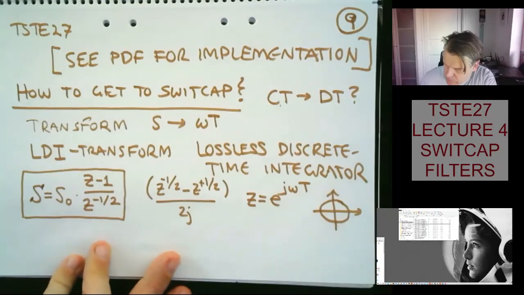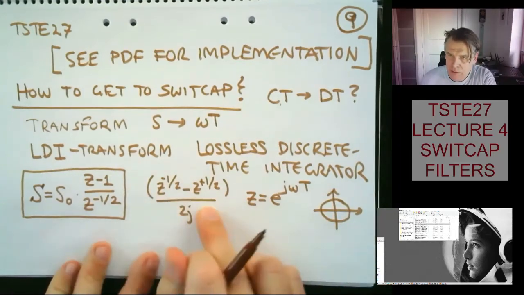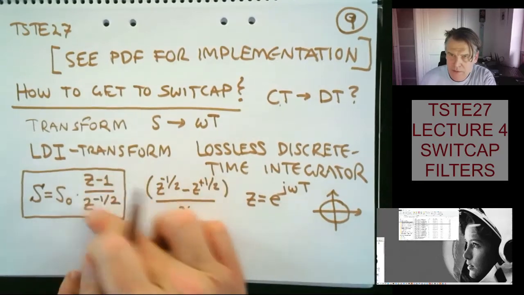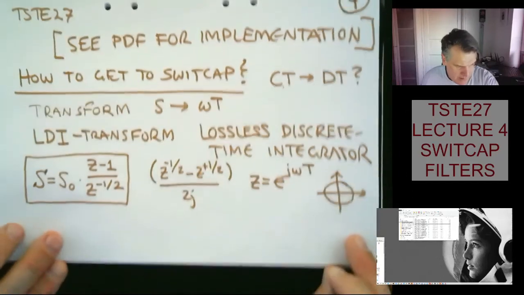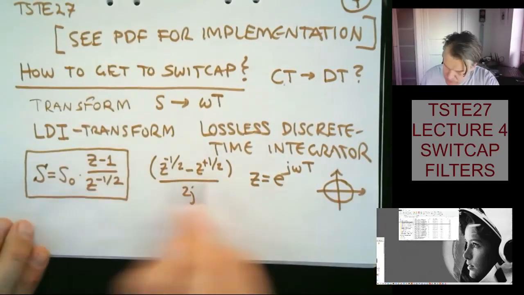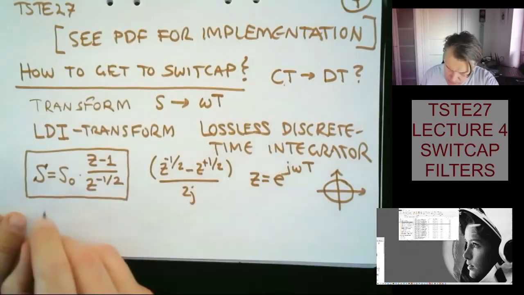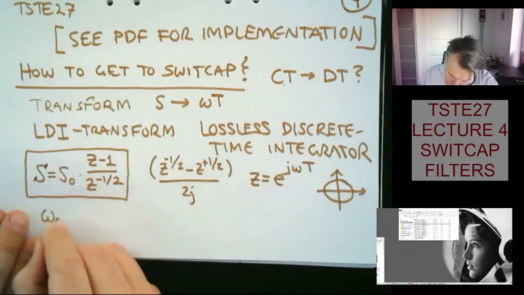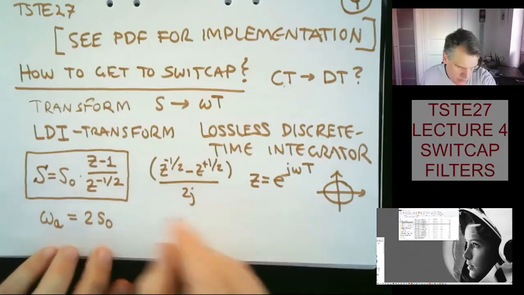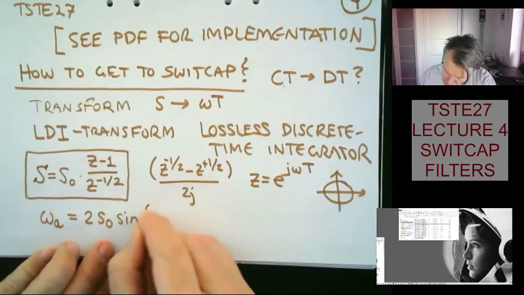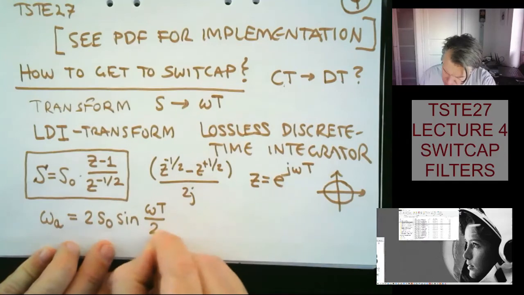And then you see here we have Euler's formula, so I can rewrite this expression as a sine if I like. And if we do that simple maths, I'm not going to do it here, but we see that omega a is equal to 2 S naught sine omega t divided by 2.